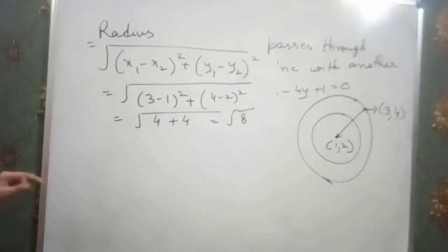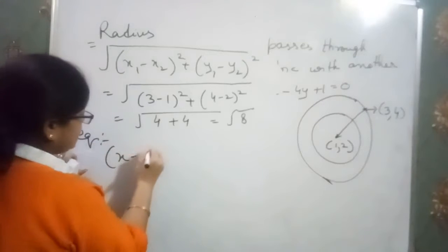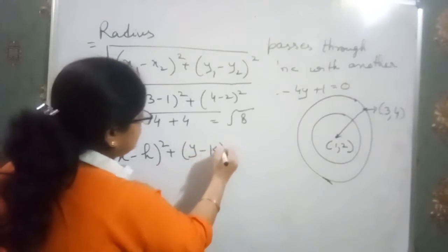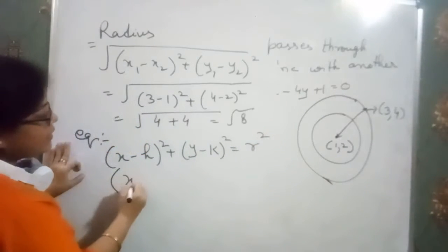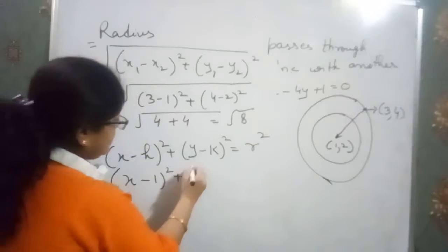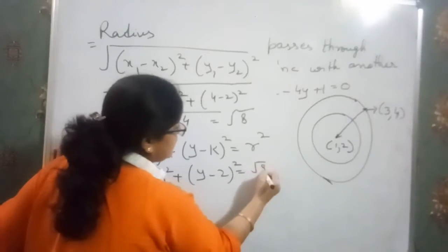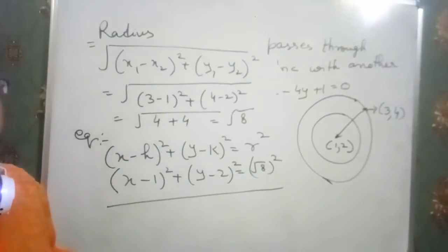Clear? Now the equation of the circle is x minus h whole square plus y minus k whole square equals r square. So we have x minus 1 whole square plus y minus 2 whole square equals under root 8 whole square. After solving this, we get the answer.